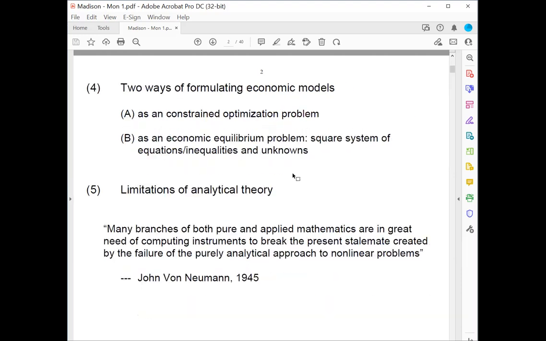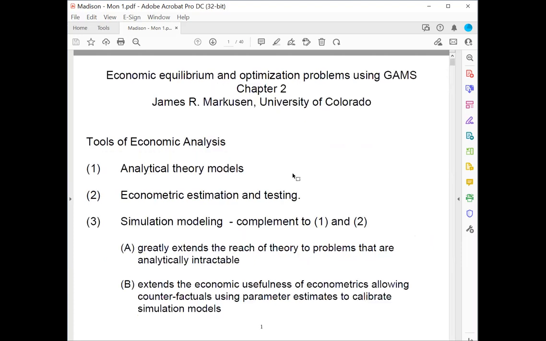So on point 3, though, Jim, one of the things that's interesting here about the simulation modeling is, you emphasize the extension, the problems, but one of the things that's a real virtue of having analytic models that correspond to the numerical models is that we can double check our intuition. In other words, a simulation model is not really a replacement for analytic methods.